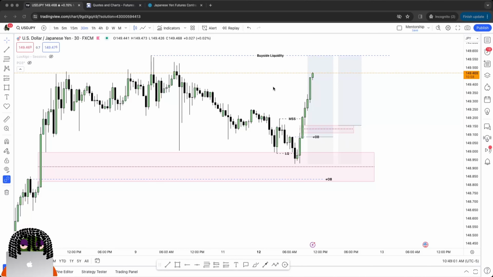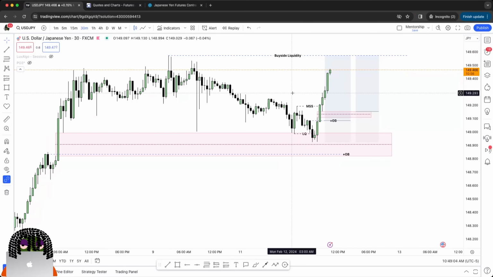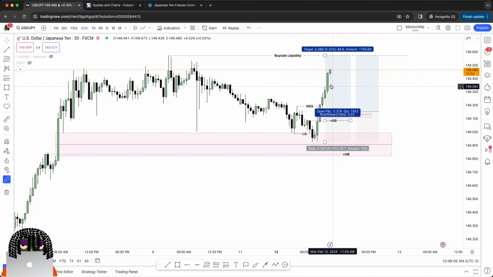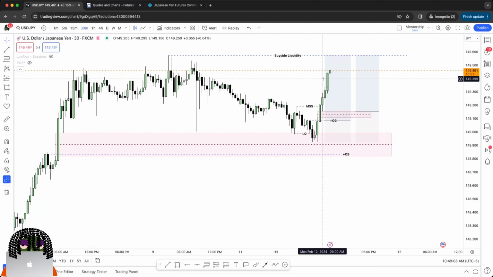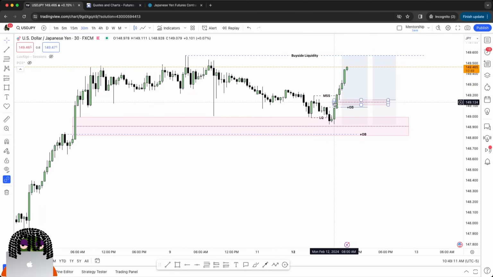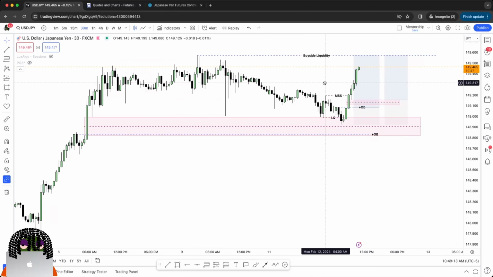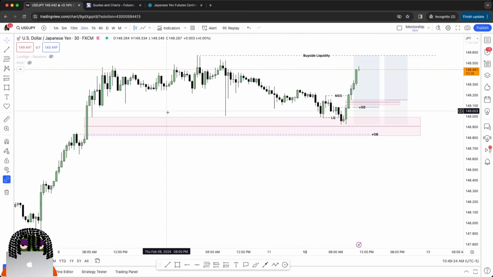But the overall bias for today that I had, which was bullish, was correct. It just didn't give me an entry. This could have been an entry here. But what time is this? 8 a.m. I wasn't on the charts then, so I could have entered here, but I wasn't on the charts, and it is what it is.